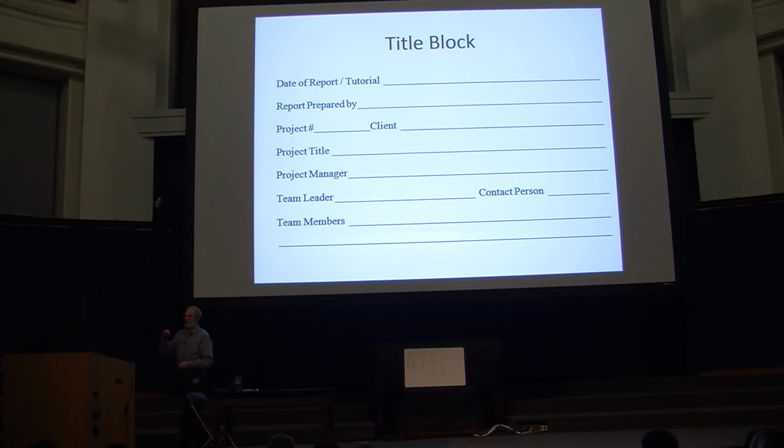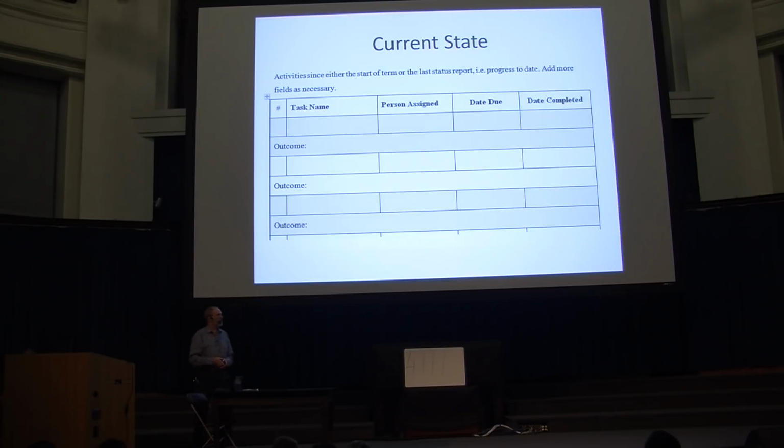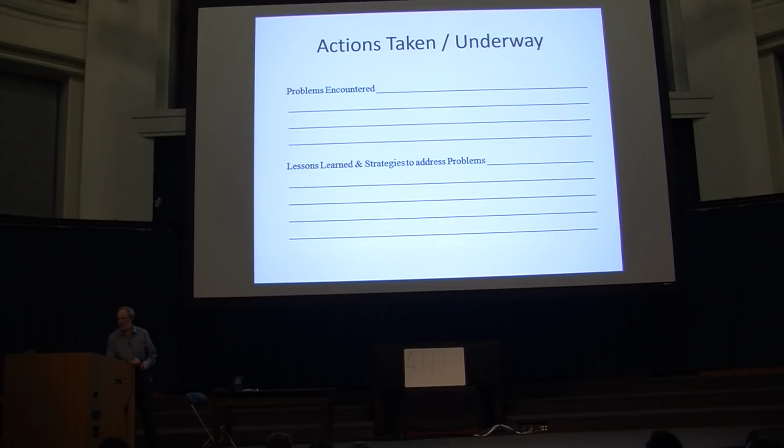So they say, here's the project, here's who is involved, the client, and so on. And it says, here's where we are. Here's where we got to as of the time I released this status report. It also says, here's what my problems are. It says what I'm going to be doing in order to fix those issues that I encountered, and what I'm going to be doing next.